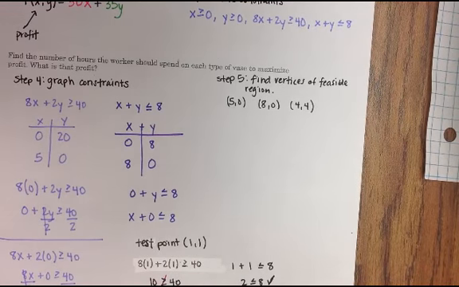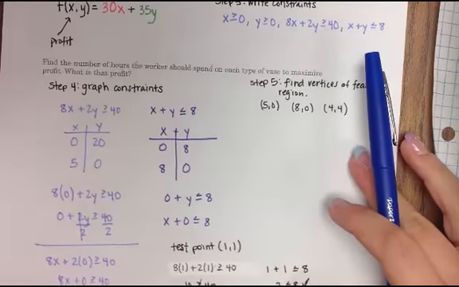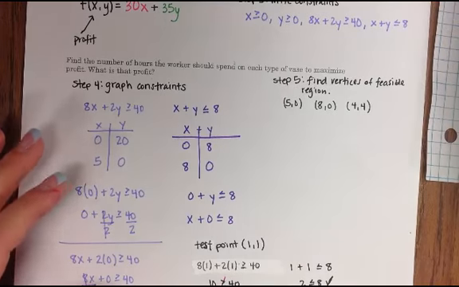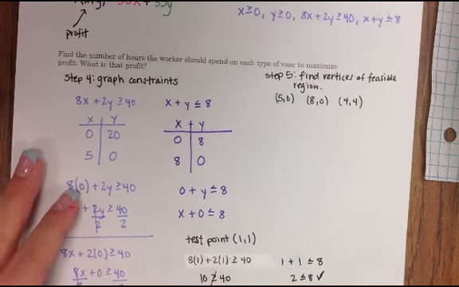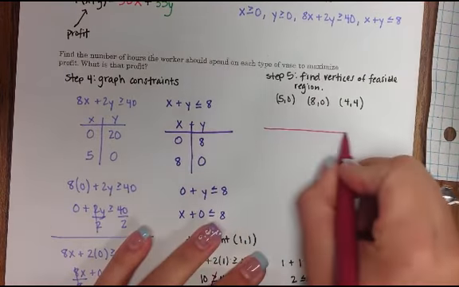Now we're going to take those vertices and we're going to plug them in to solve so that we can be able to find our maximum number of vases made of each and what that profit amount will be. So we can create a table.